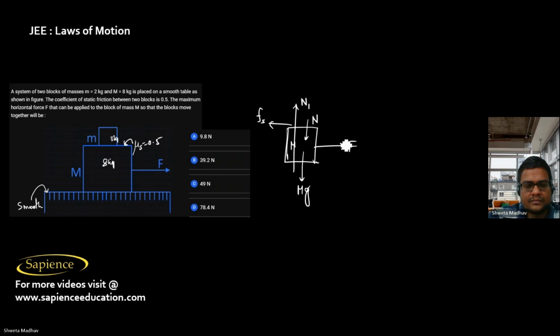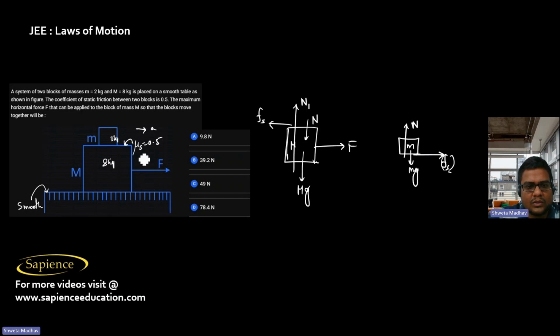And then if you draw the free body diagram of the mass small m, then the weight is mg, which is acting downwards, and the normal reaction N is acting upwards, and frictional force will act forwards here, Fs. And they will have some common acceleration a.